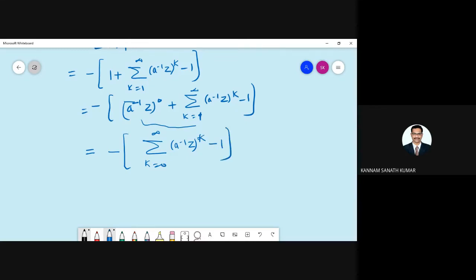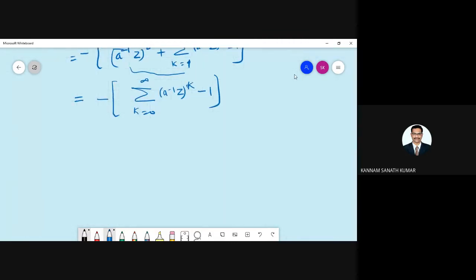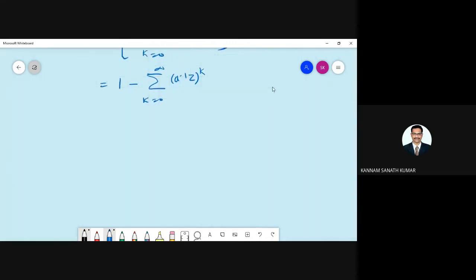So if you multiply with this minus, what you are getting is 1 minus summation k equal to 0 to infinity a power minus 1 z whole power k. Okay, so what is this one? So this is a sum of an infinite series. So 1 minus 1 by 1 minus a inverse z. Okay, as for the ROC, what is the ROC?